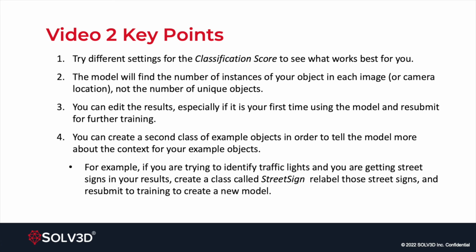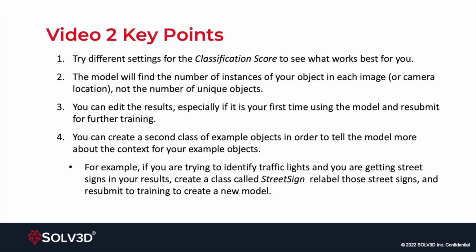There's quite a few key points in this video, so let's start at the top and review them. First, when you're doing your object identification, be sure to try a number of different settings for your classification score. It will depend upon the model you're using and the data that you have, and of course the results that you need.